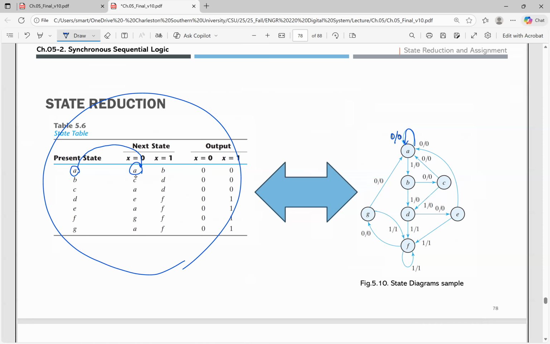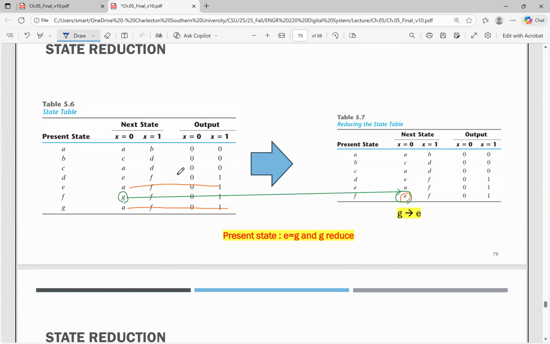Okay. And then Y, because X is equal to 0, output 0. And A to B, so A to B, X is 1. X is 1, output what? 0. 1 to 0. Something like this. Okay. So you can try.